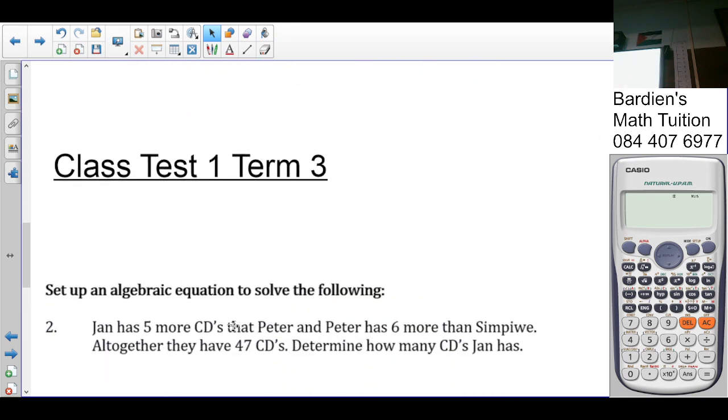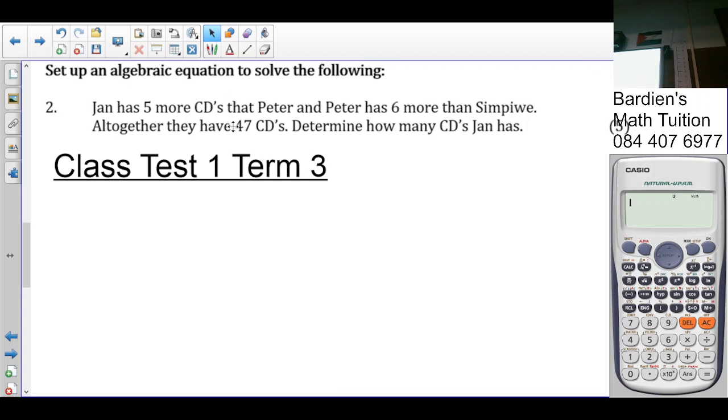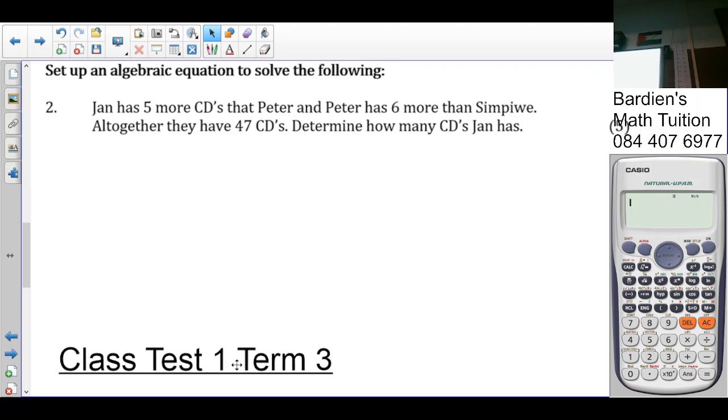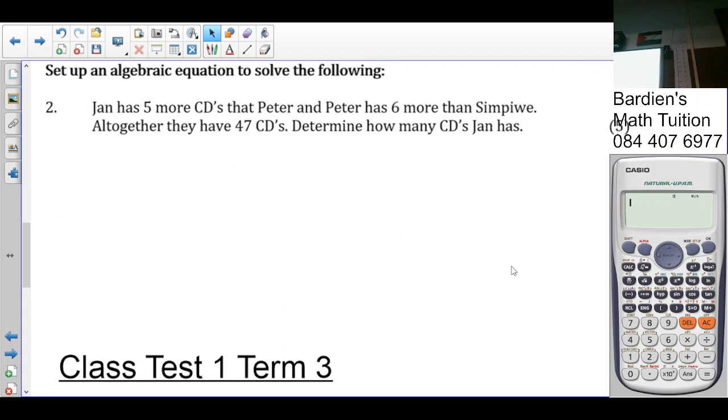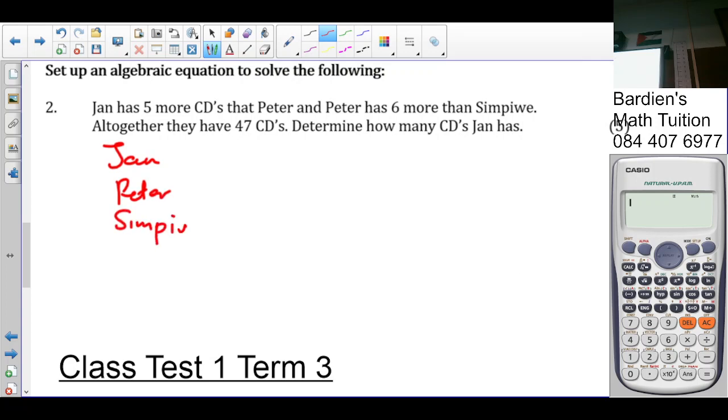Set up an algebraic equation to solve the following. It says Jan has 5 more series than Peter, and Peter has 6 more than Simpiwe. So we have Jan, Peter, and Simpiwe. So who has the least? Simpiwe. Peter has 6 more than him.